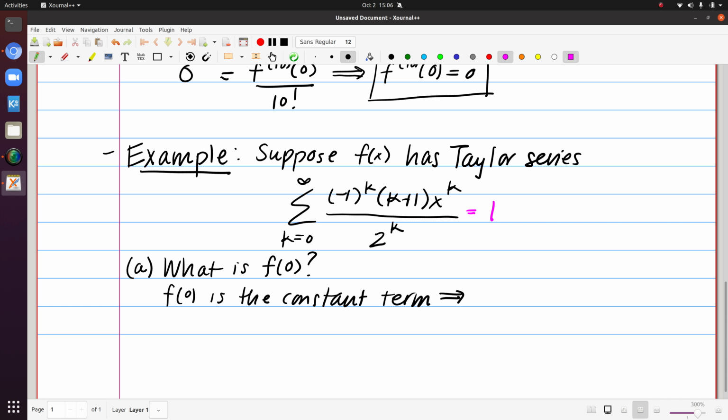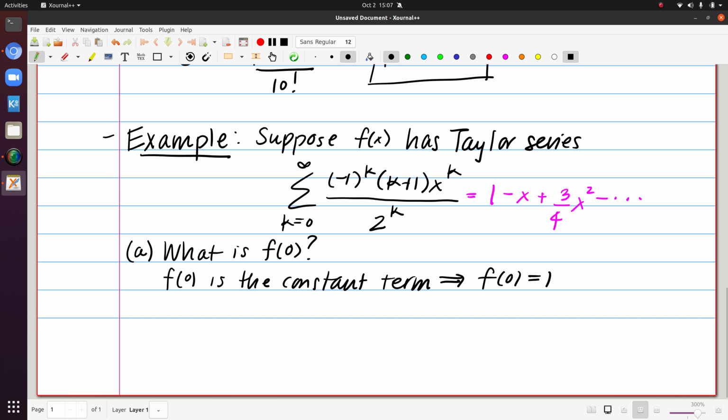And then when k is 1, we would get a -1, and we would get 1 plus 1 divided by 2 to the 1, so that would also be 1, times x to the first. And the next term would be positive. We would get 2 plus 1 is 3 over 2 squared, so 3/4 x squared, and so on. So the constant term is 1, and that must mean, therefore, that f of 0 is 1.